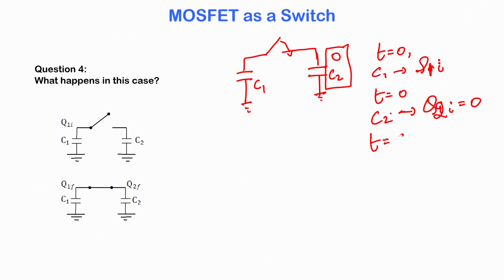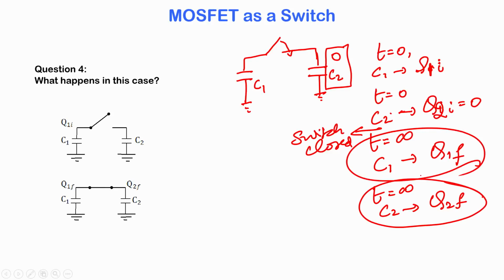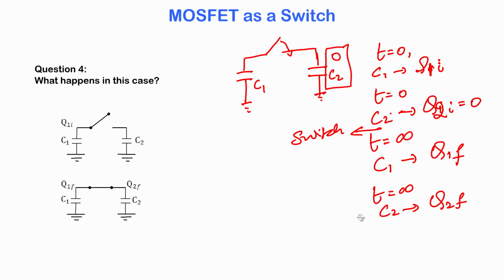At time t equal to infinite, C1 will have a charge of Q1 final, and C2 will have a charge of Q2 final. What has happened here is that the switch has been closed. The question is, what is the charge on the capacitors at time t equal to infinite. So, how do we go about solving this?